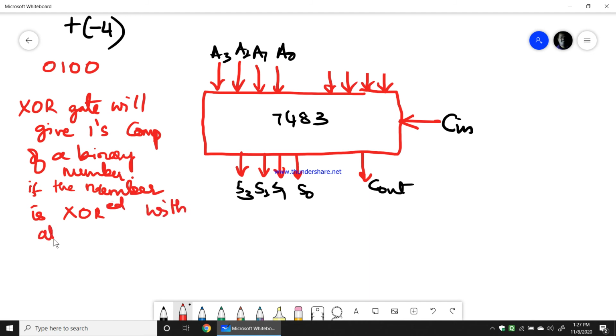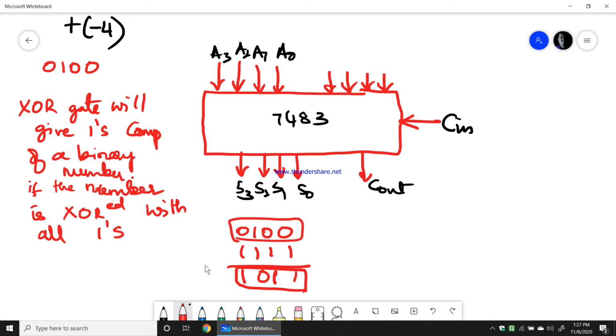It means that if I take 0 1 0 0 and XOR it with all ones, I will get 1 XOR 0 is 1, 1 XOR 0 is 1, 1 XOR 1 is 0, 1 XOR 0 is 1. So if you see this value, whatever I got is nothing but the complement of 0 1 0 0. So therefore XOR will always give the 1's complement of a given number. So therefore I will connect an XOR gate for these particular inputs. Each input will be connected with an XOR gate.